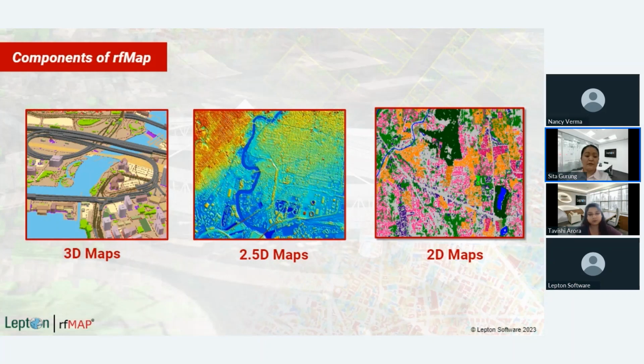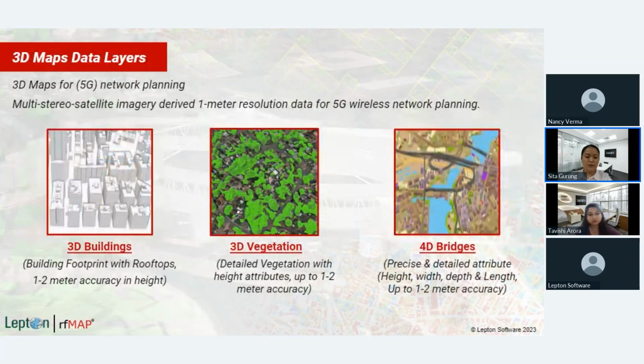Now let's deep dive into 3D maps. As we all know, the world is rapidly moving toward 5G, and every operator is planning their 5G network rollouts, right? For 5G, we are all familiar with the fact that the frequencies are very high, and obviously higher frequencies have a very short range.